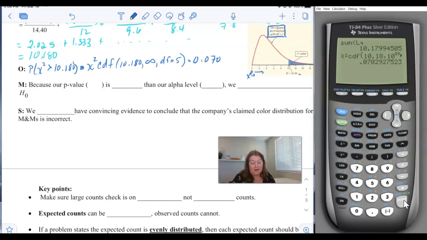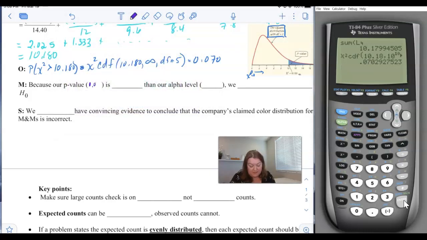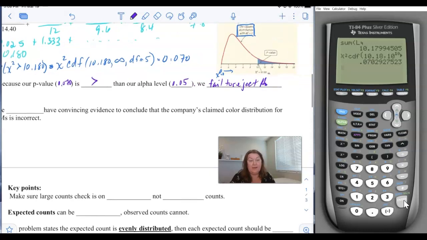All right, so because our p-value is 0.070, how does it compare to our alpha level? It is greater than, we would fail to reject H0. Okay, fail to reject H0. Our same summary types of stuff.